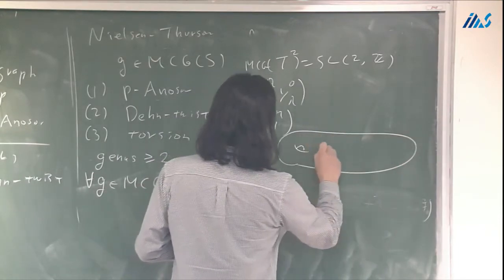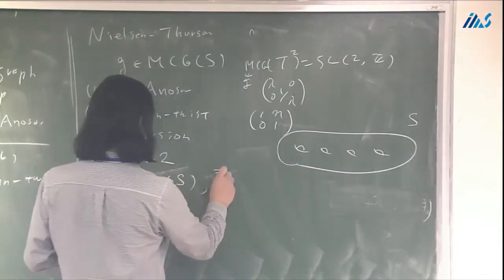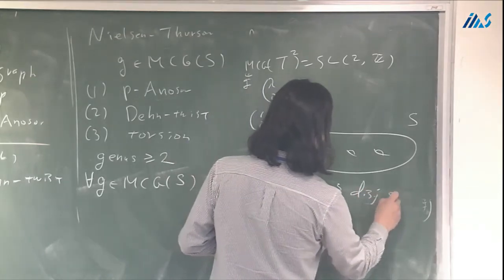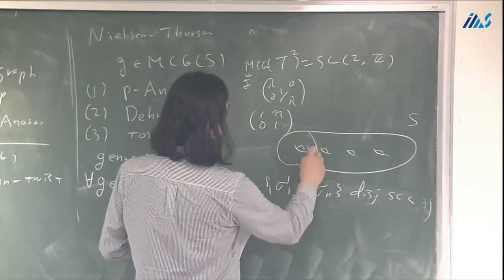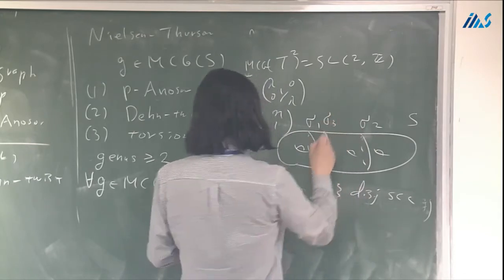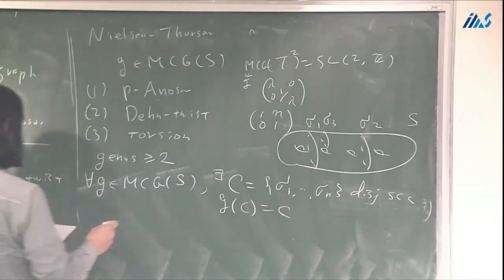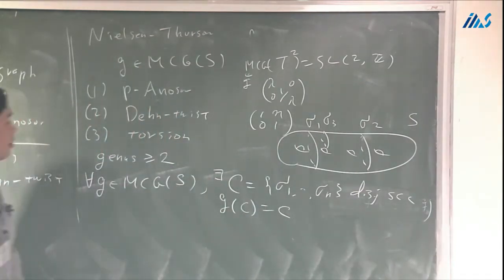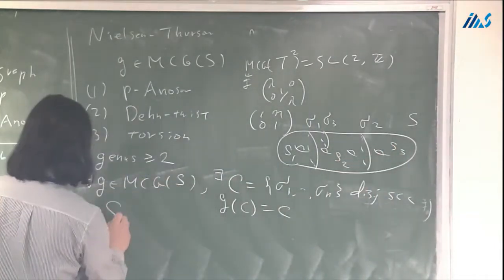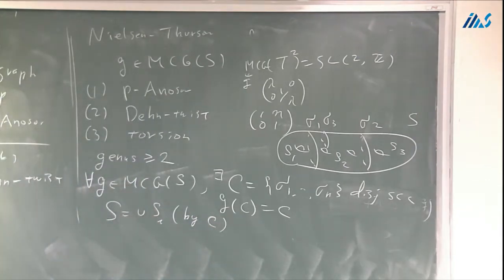You have a surface here, and for any given element G there exists a system of disjoint simple closed curves, say sigma_i, like this, and this system is invariant by the given element G. If I cut this surface into pieces using this system, in this case you have S1, S2 and S3, so the surface is divided into subsurfaces by this curve system.